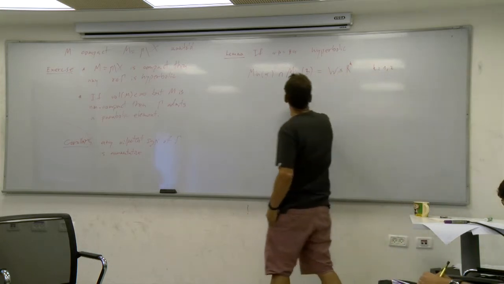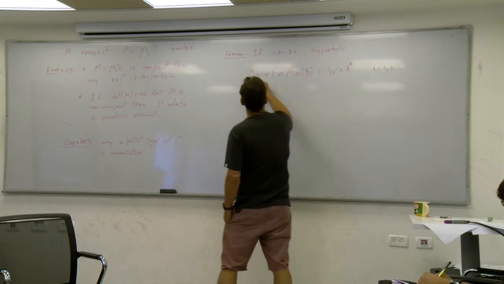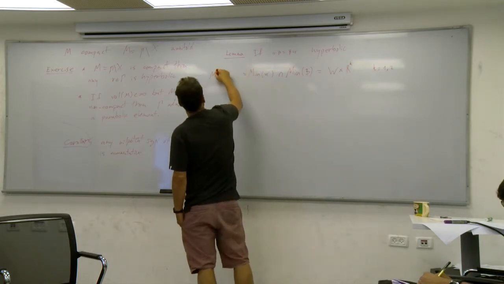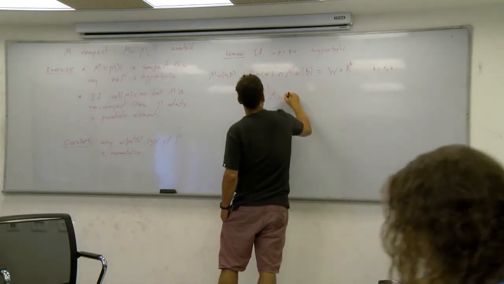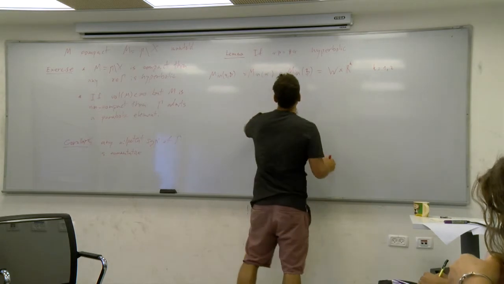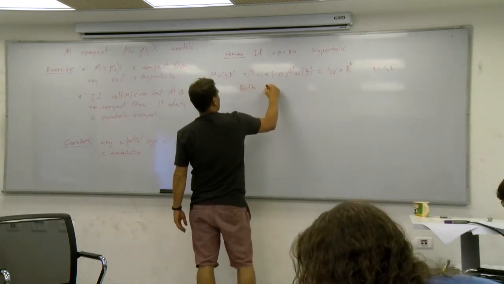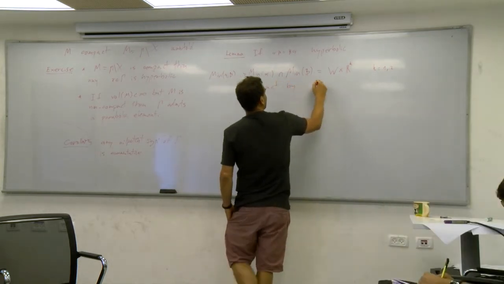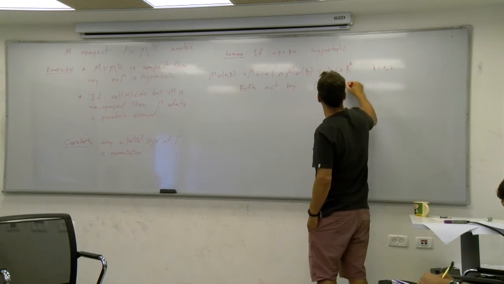And both act. So let's call this min(alpha, beta). Each of them acts, and both act by identity on W and translation on the R factor.